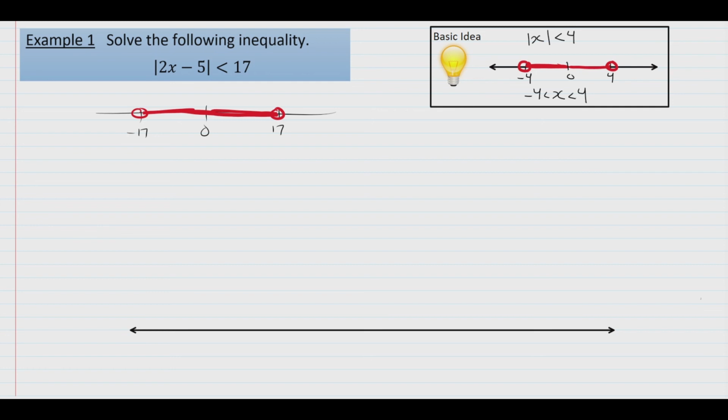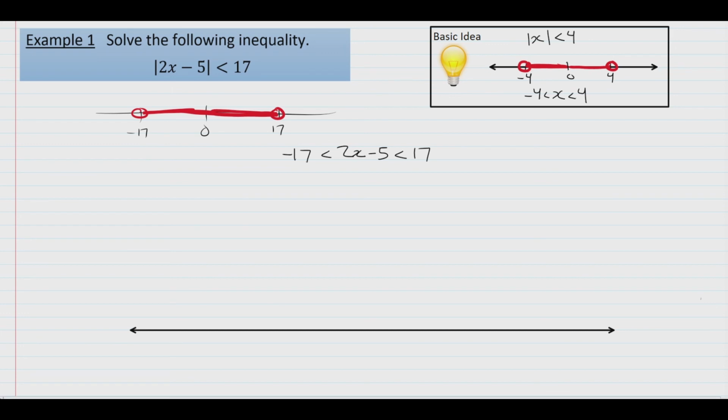And again, we're not talking about x's absolute value here. We're talking about 2x minus 5's absolute value. So that is, 2x minus 5's distance from 0 has to be less than 17. And what that means is 2x minus 5 has to work out to something between -17 and 17. Now this just looks like a regular linear inequality, so we can go ahead and solve it by isolating x in the middle.